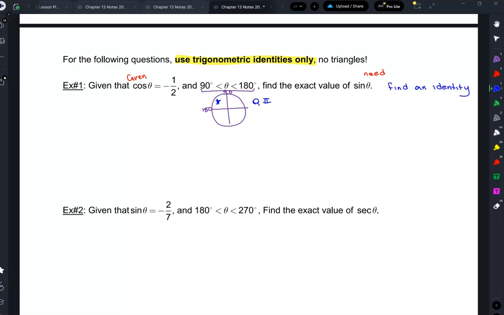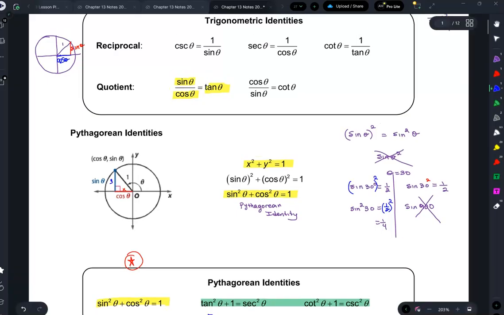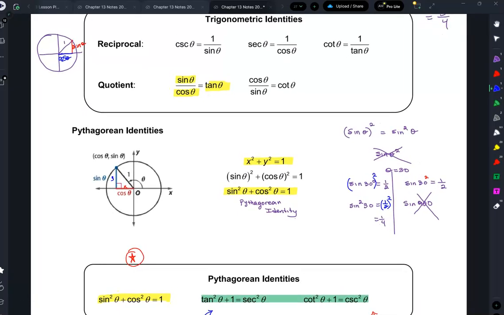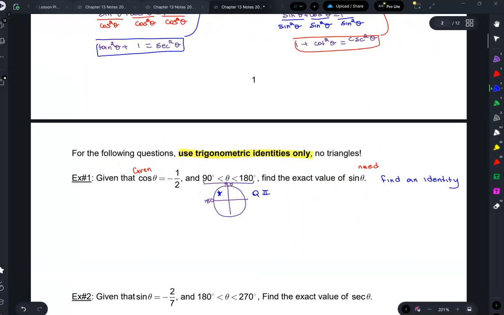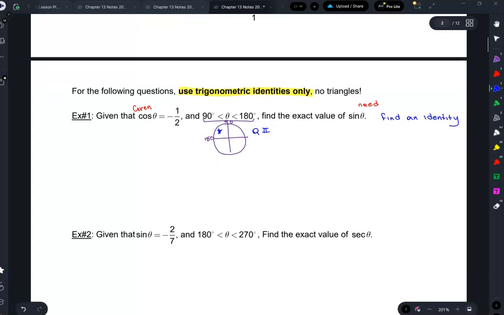They're all on the first page. You have to find an identity that relates what you have to what you need, but you shouldn't have anything else in there because there will be two unknowns, right? So you can use anything from either of those two boxes, right? So there's one that relates what we have and what we need with nothing else. That's the one.